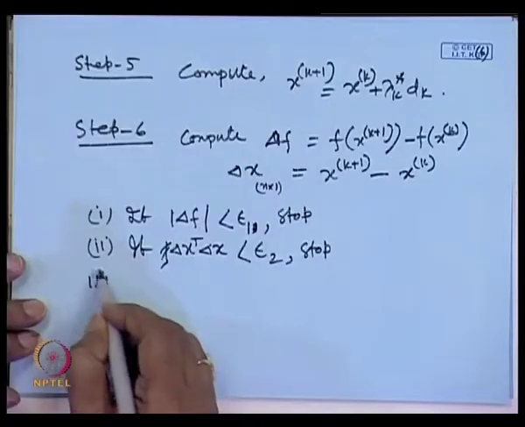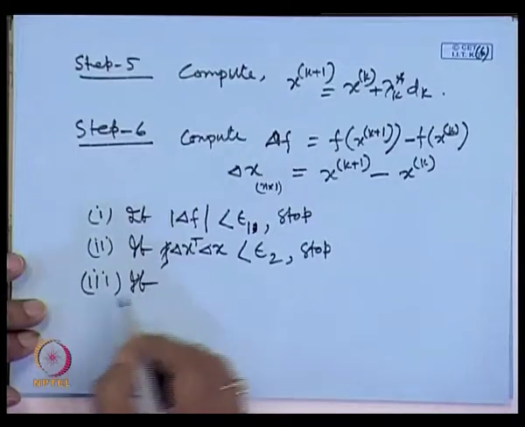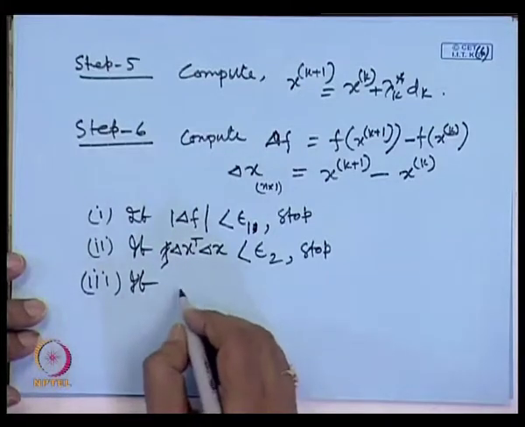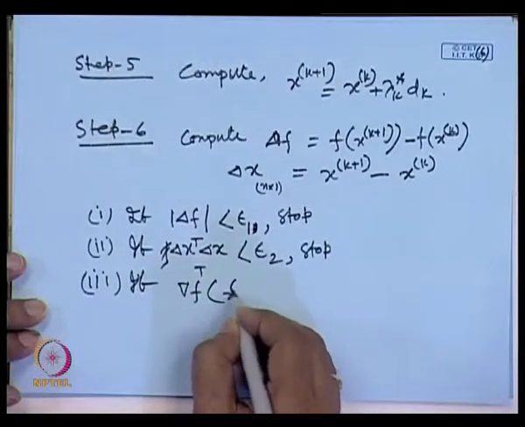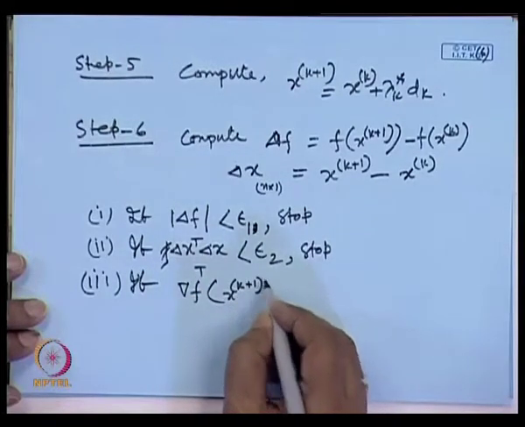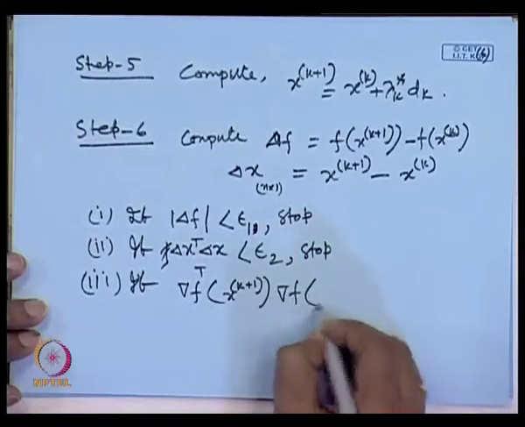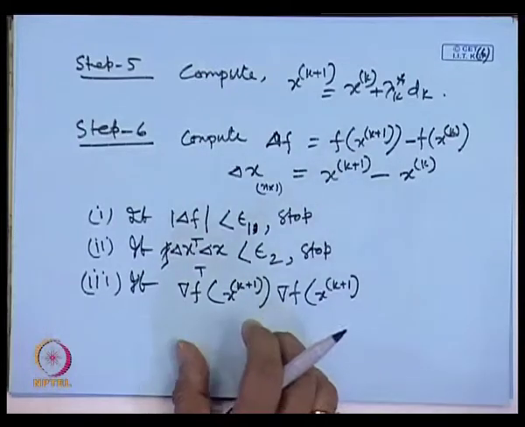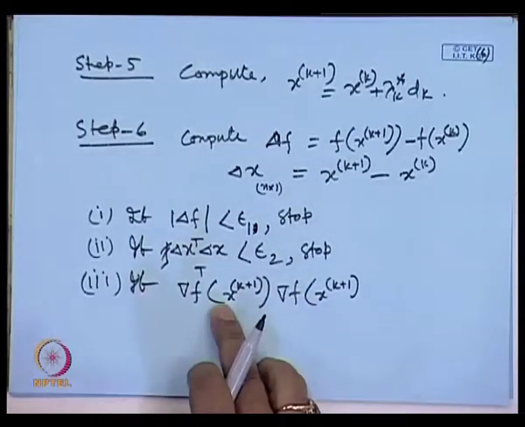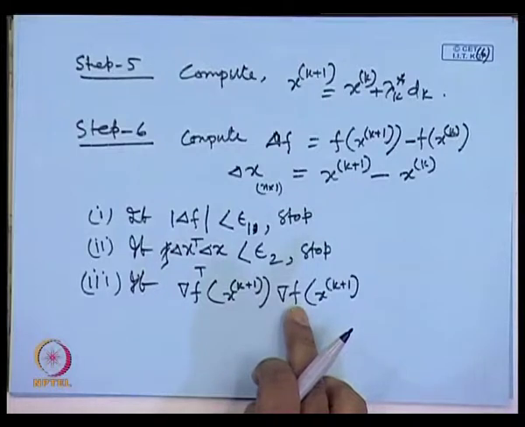And the third criterion one can use is our gradient function value, that is the gradient of f transpose at the k plus 1th iteration times the gradient of f at that iteration. What does this indicate? The gradient of a function is a vector. That means we are finding the slope of f at x is equal to x 1, keeping all the other variables fixed.